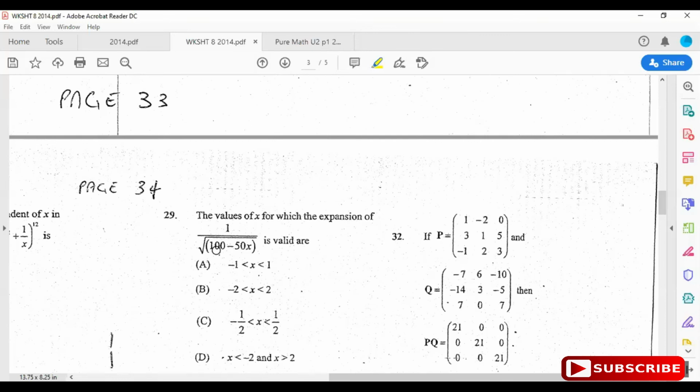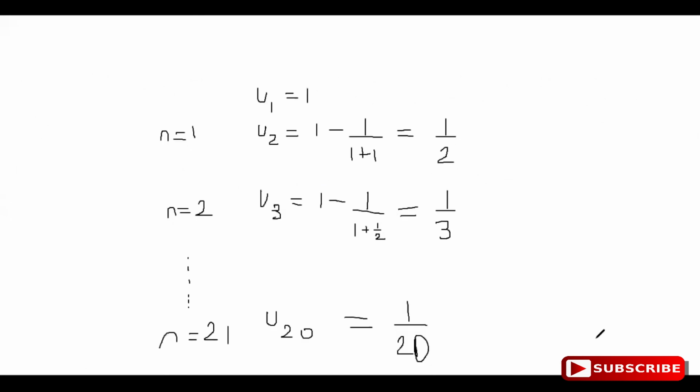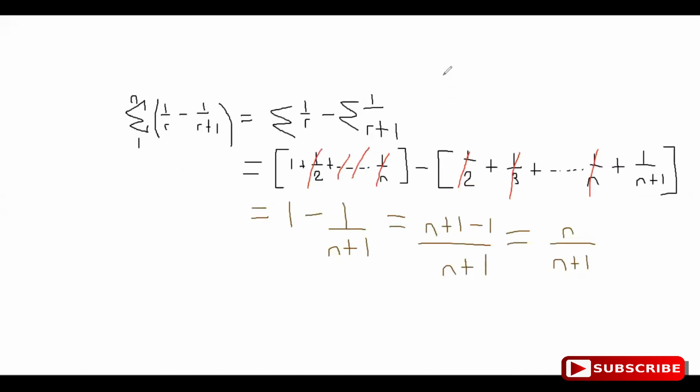So in the denominator, the only way this is going to be valid is if, in order for me to be able to find the square root of 100 minus 50x, so ignore the numerator part.